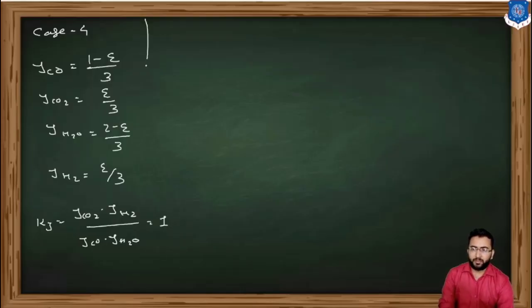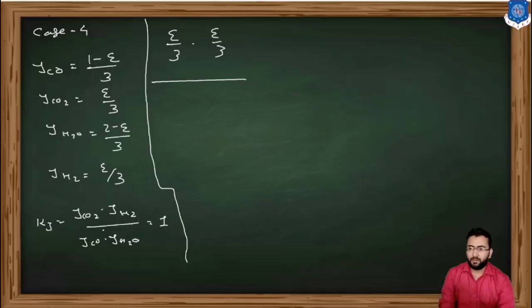Putting the values, Y of CO2 is epsilon by 3, similarly Y of H2 is epsilon by 3, upon Y of CO, 1 minus epsilon by 3, into 1 minus epsilon by 3, is equal to 1. So this will cancel.